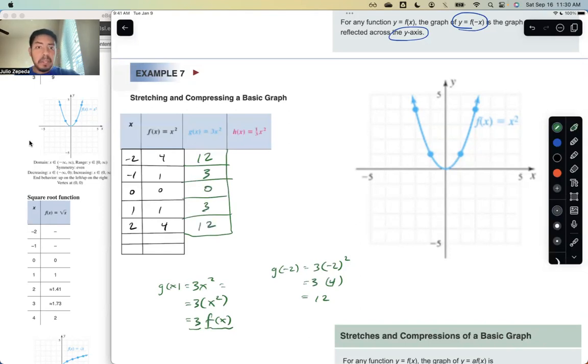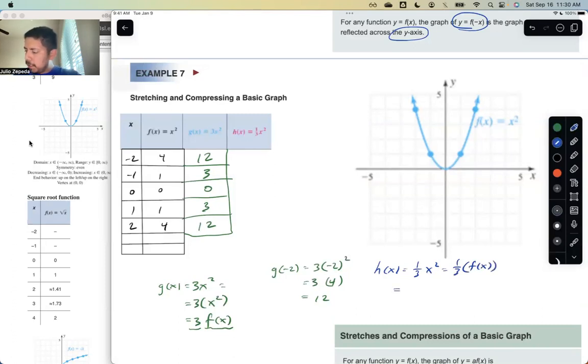So what about if we were to put a 1/3 for h of x? I'll do that in blue. H of x is equal to 1/3 x squared. It's just going to be 1/3 of the y value of f of x.